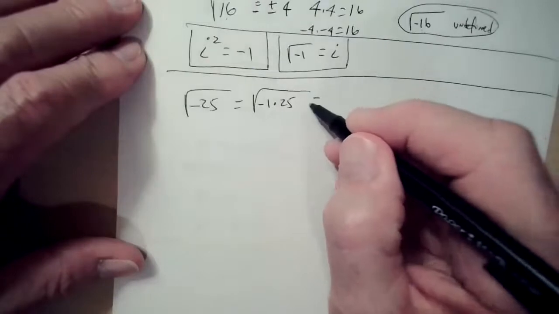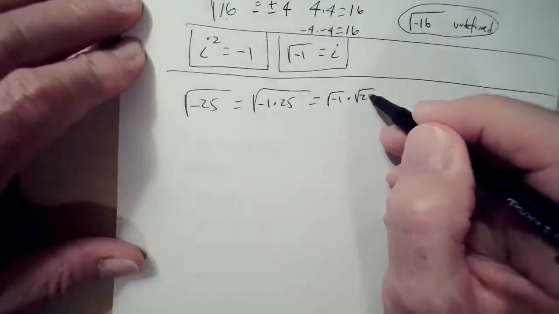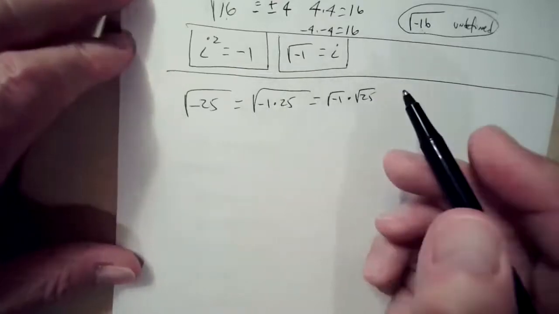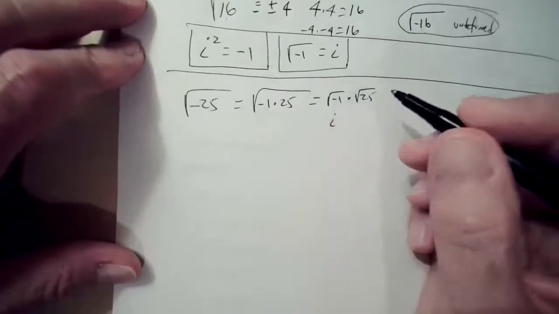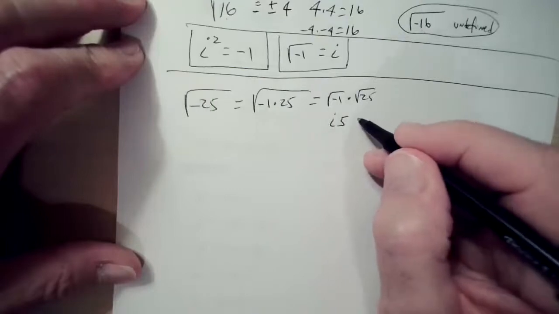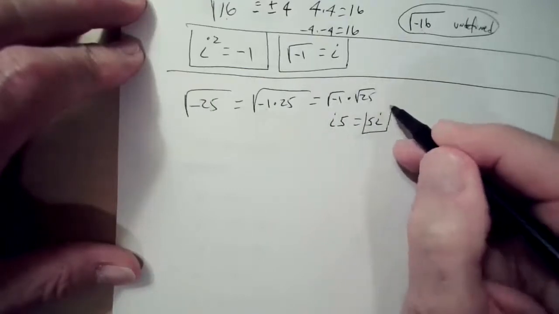And again, now we can break this down into the square root of negative 1 times the square root of 25, or you can leave it under the same radical. It doesn't make any difference. Now we know that the square root of negative 1 is i, and the square root of 25 is 5, which we typically would write 5i.